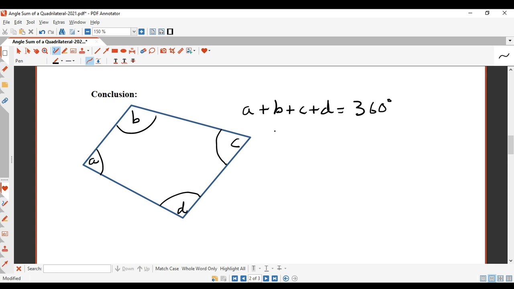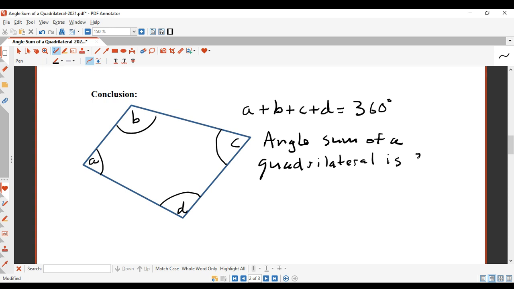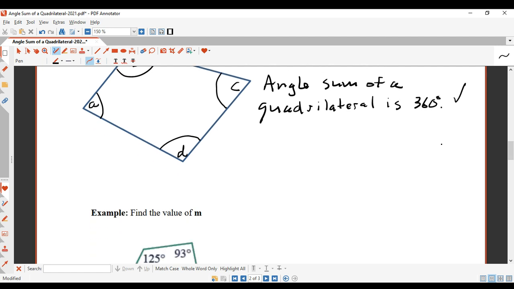So the worded version of that is the angle sum of a quadrilateral is 360 degrees. When you do the working out, this is the reason you're going to put in the working out. The angle sum of the quadrilateral is 360 degrees.